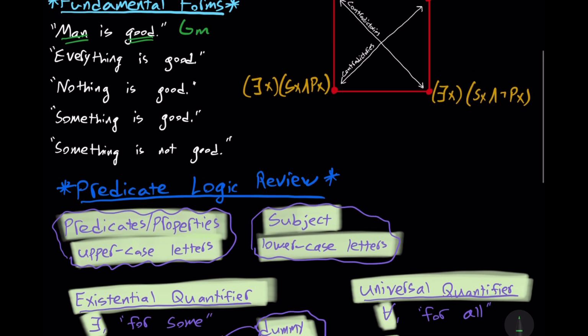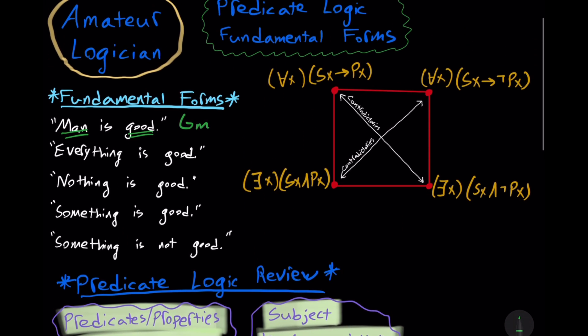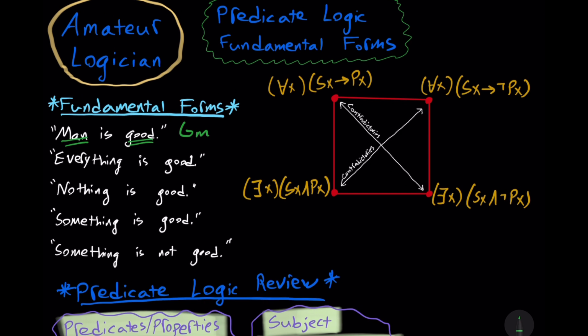So let's go back to our fundamental forms, our examples. Take everything is good. So good is the predicate. But this time we're saying that everything is good. So we need a quantifier. And with a quantifier comes a quantified variable like x, the dummy variable. So I can say that for all x, x is good.